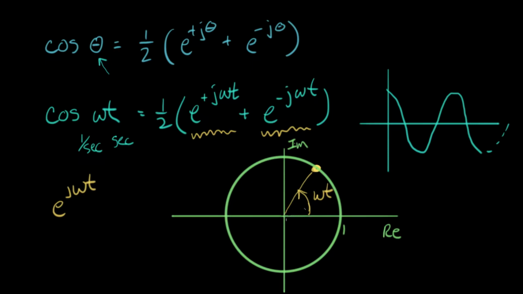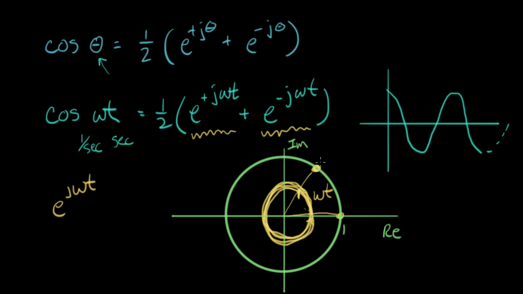If time is equal to 0, the point is right here, because the angle is 0. As time proceeds, the angle starts growing and growing, and it keeps going. It comes back to here after omega t equals 2 pi, and then it keeps going around again. And this basically goes along for as long as time goes along.